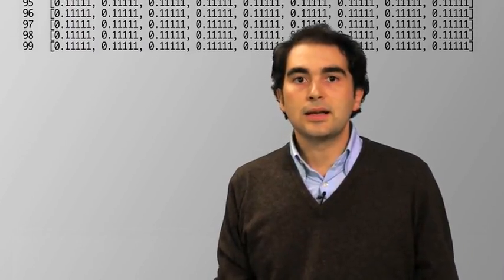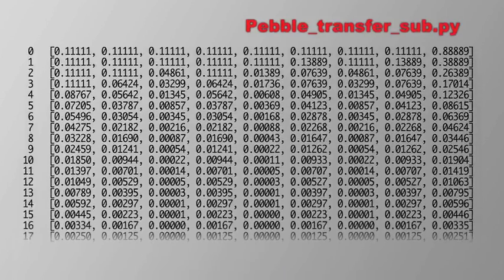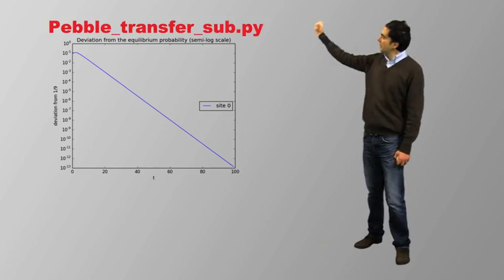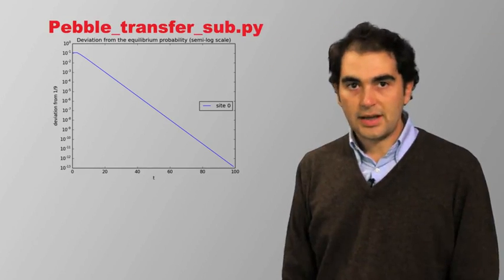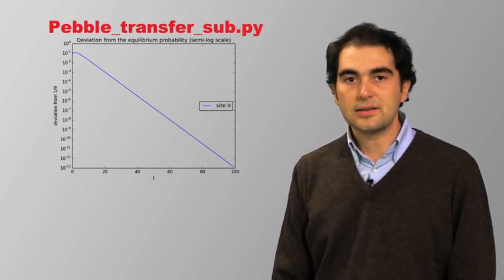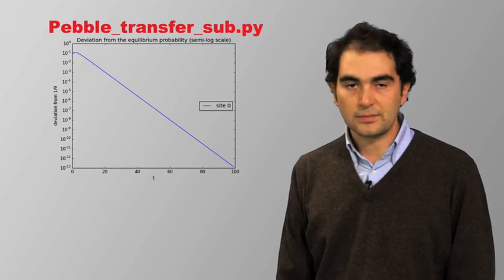This is done in pebble transfer sub.py, and this is the output. Let us now plot the output for the site 0 in the semilog scale. The straight line indicates an exponential convergence to equilibrium, as announced at the beginning of the tutorial.